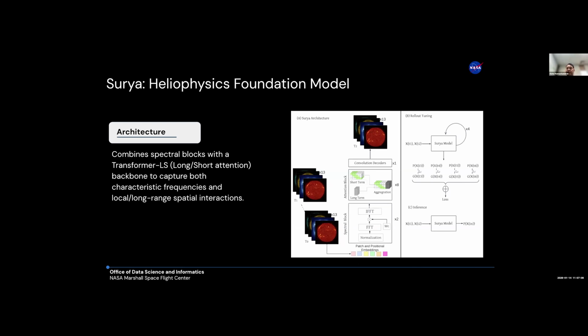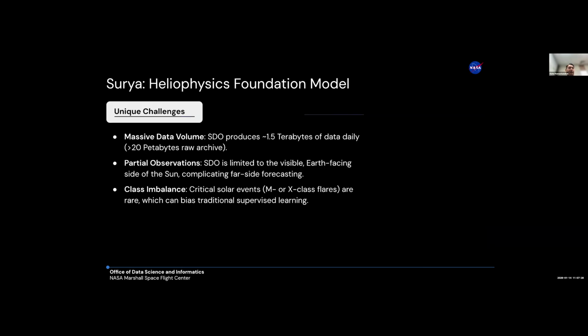They had to make sure that they could capture the dynamics at very high resolution as well as slow-moving dynamics of solar plasma. So they came up with an architecture that uses frequencies to capture the fast-moving and slow-moving changes in the data. It was a non-trivial problem to build this model. The SDO is a huge data set. It's petabytes of data in the archive.